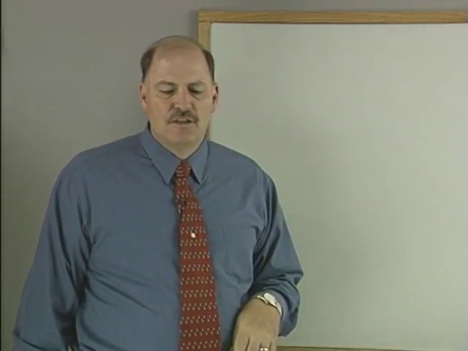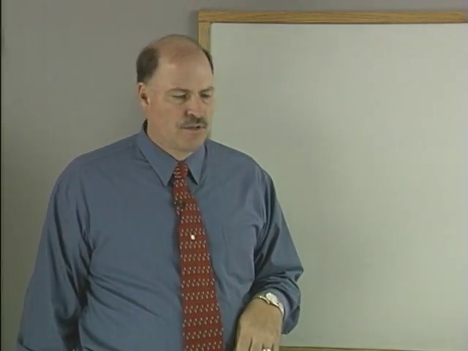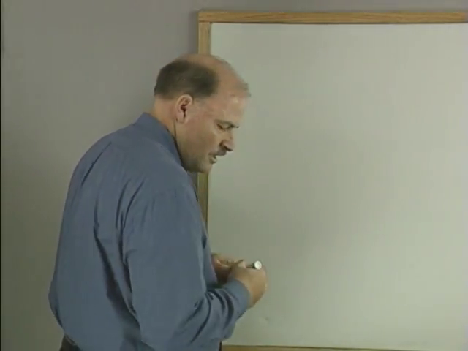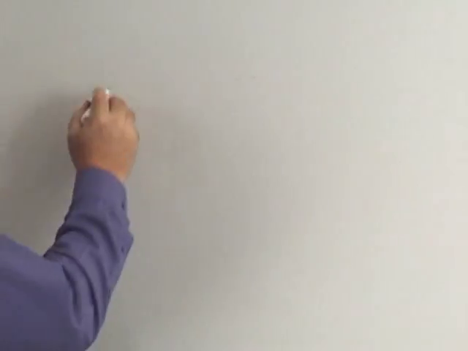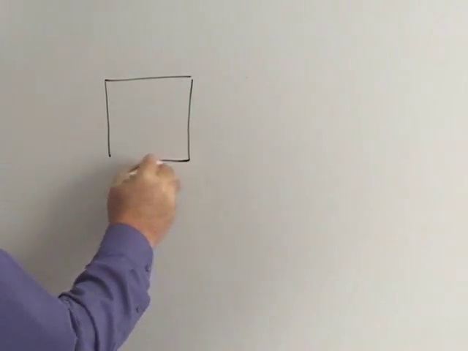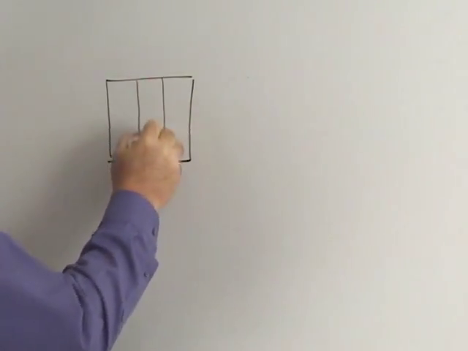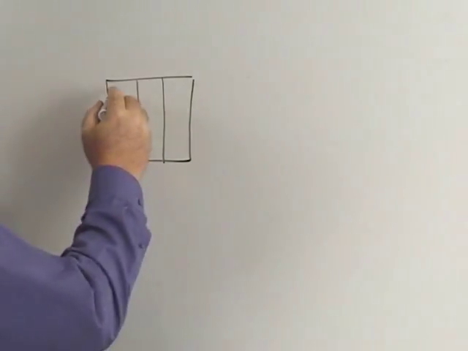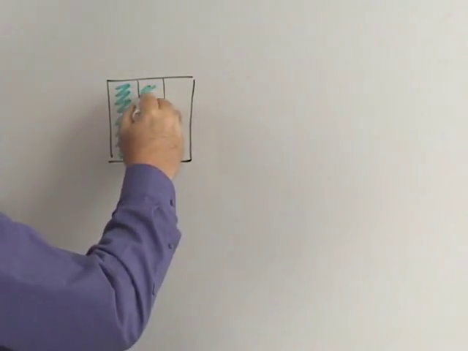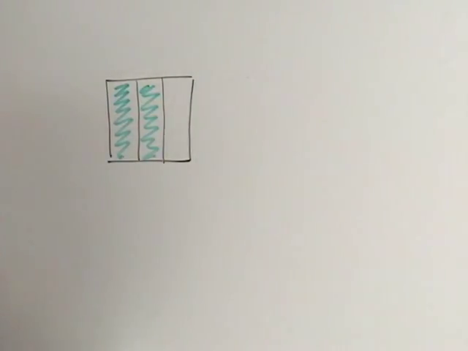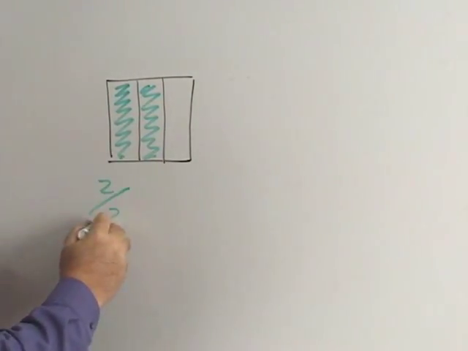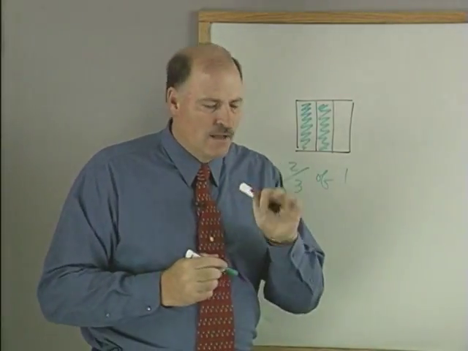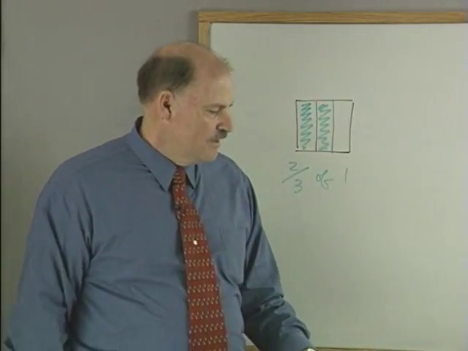Now, shade in 2 of those parts. 2/3. So the first thing we did was we drew 1. We divided it into 1, 2, 3 equal parts. And then we shaded 2 of those parts. And so what we got is 2/3 of 1. Notice the 3 components to a fraction. Good.